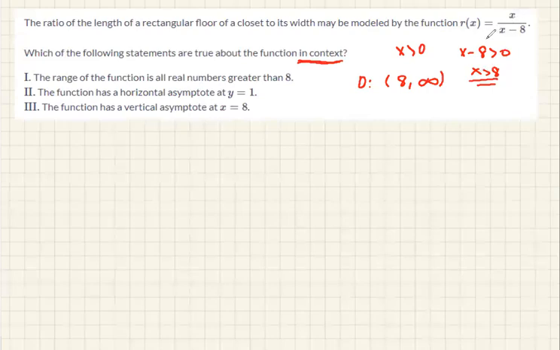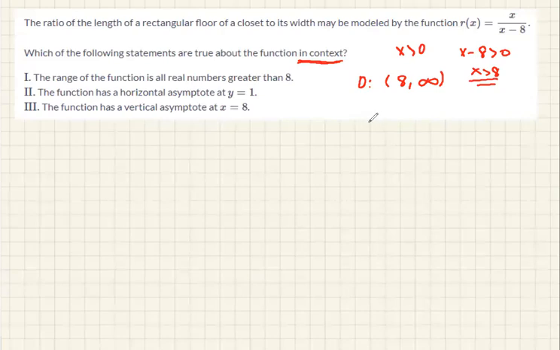So the range is all the possible y values, right? So we want to see what my possible y values are. We can start by plugging in some numbers just to see how it looks. If you choose x equals 8, you can't, because 8 divided by 0 is undefined.